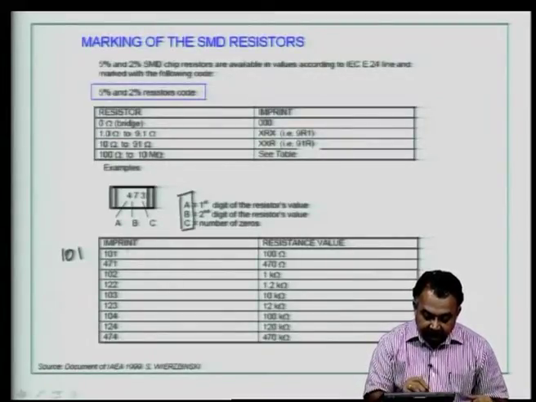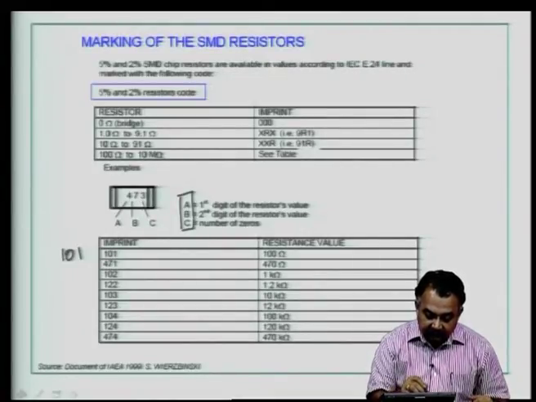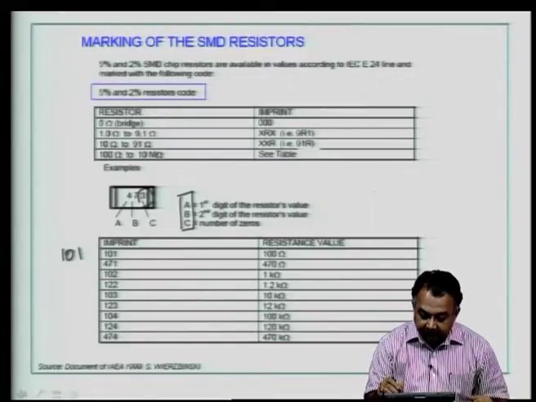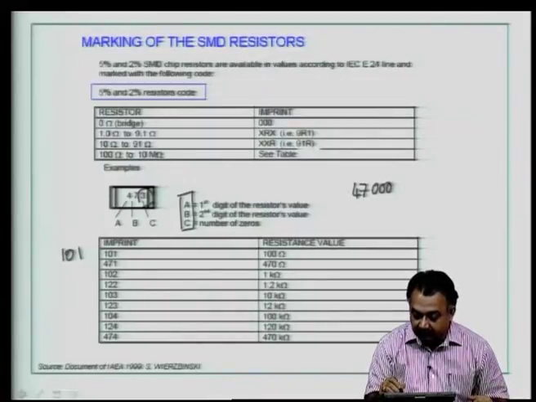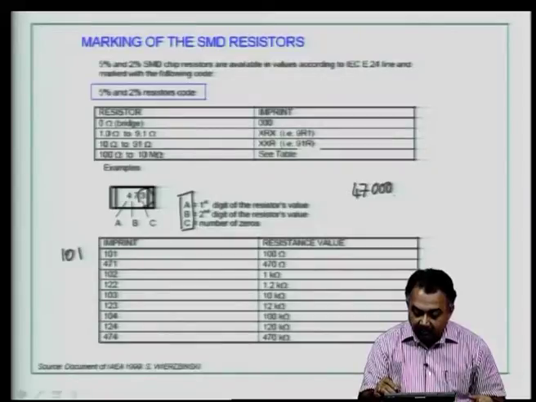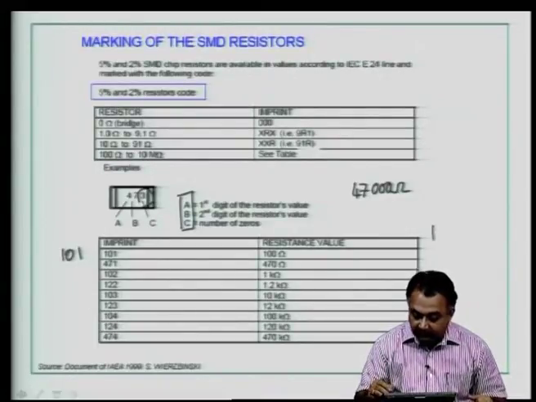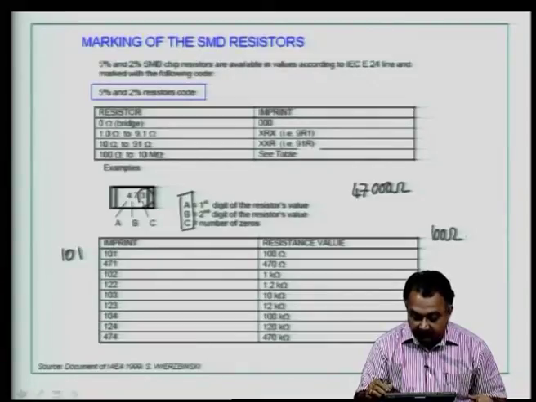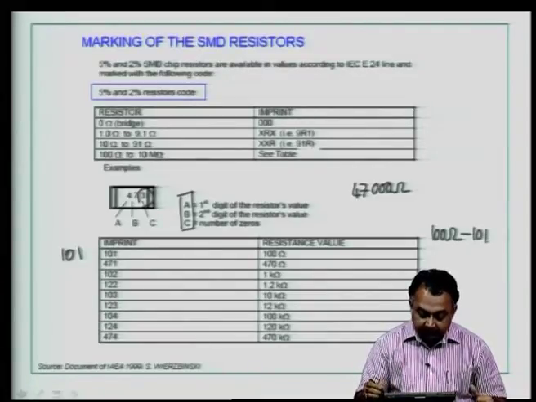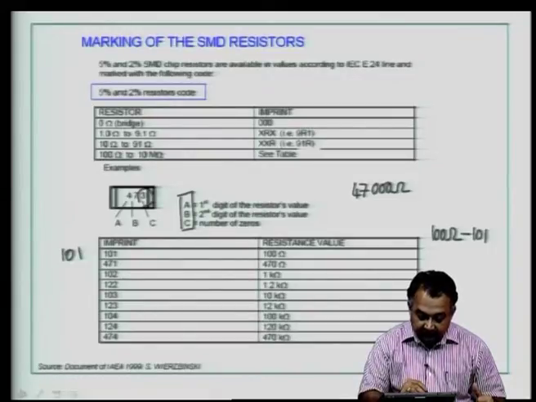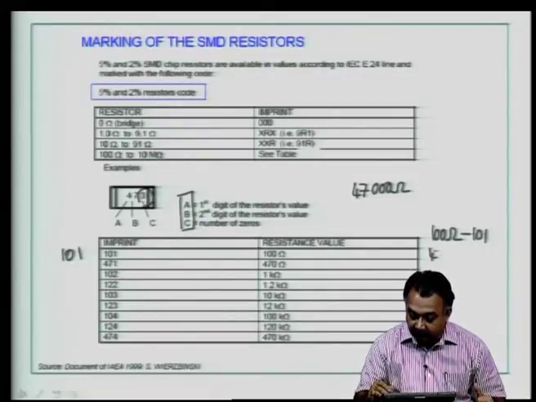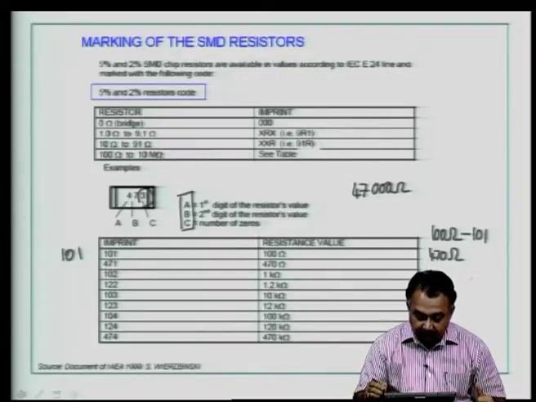For example, if it is 473, then C is equal to 3, so you have 3 zeros after 4 7. So, this is the value of the resistor. If you have 101, that means 1 0 followed by 1 zero, and therefore it is 100 ohms. Then if you have, for example, 471, it is 47 followed by 1 zero, so 470 ohms.